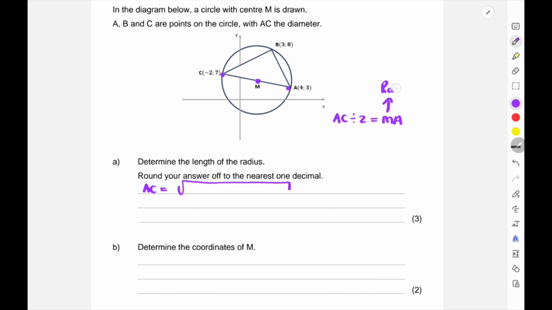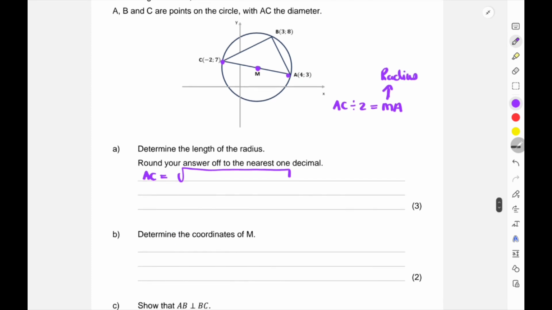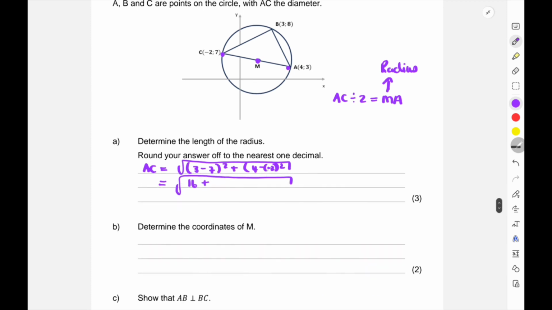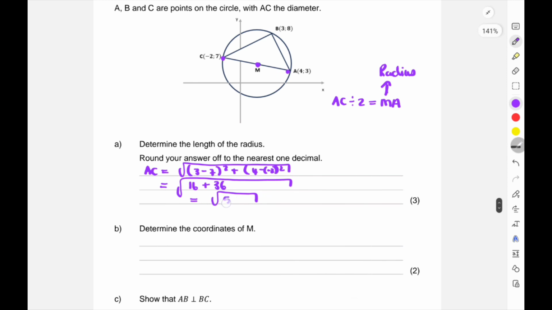This is the radius. Okay, so the distance formula: the two added together squared, the y value subtracted, the x value subtracted, so that gives you (-4) squared, which is 16. 4 plus 2 is 6, which is 36, which gives you 16 plus 36, and the square root of 52 gives you 7.2 units.